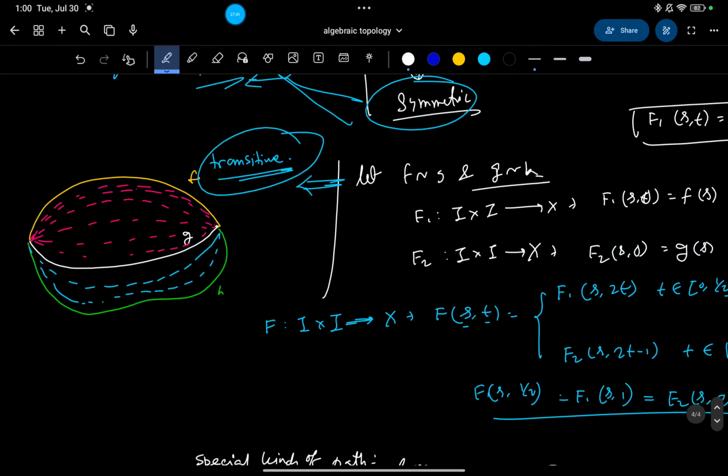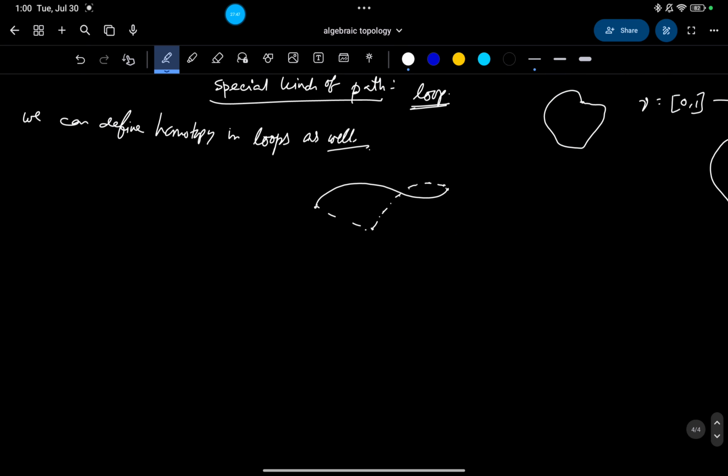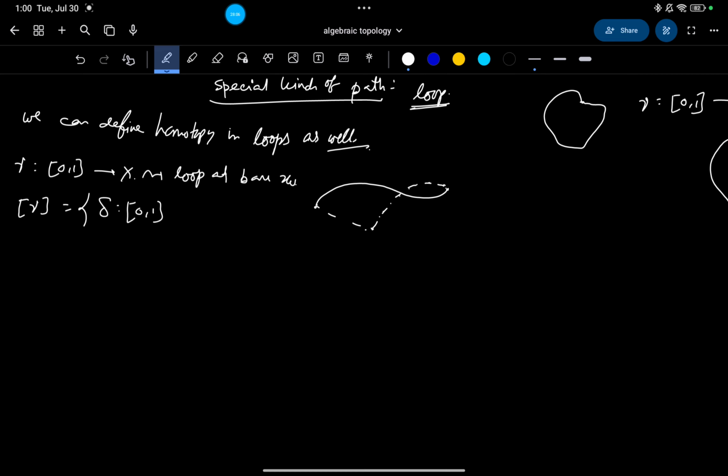In fact, the loops are included in the paths in the topological space X. Suppose gamma is a mapping from [0,1] to X. I consider the set of all maps delta from [0,1] to X which are loops based at x0. What does this mean, based at x0?